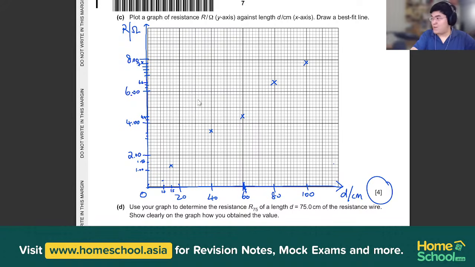The second mark is for a suitable scale and correctly plotted points for the scale. The third mark is for the correct plots, small little X's as we've seen over here. And the fourth mark is for the nicely drawn and thin line of best fit.